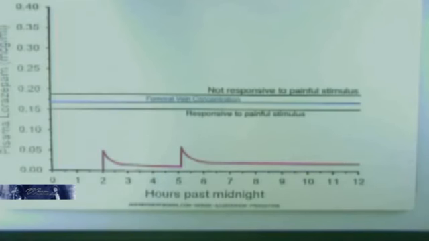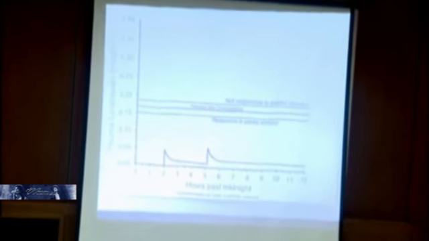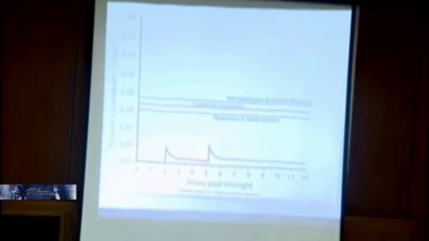What does this represent? Well, again, on the y-axis is lorazepam concentration, and on the x-axis it shows the time in hours after midnight. And it illustrates boluses of 2 milligrams administered at 2 a.m. and repeated again at 5 a.m. In addition, it shows the femoral vein concentration that was measured at autopsy in Mr. Jackson.